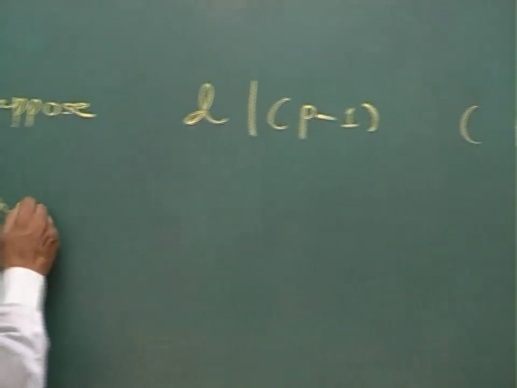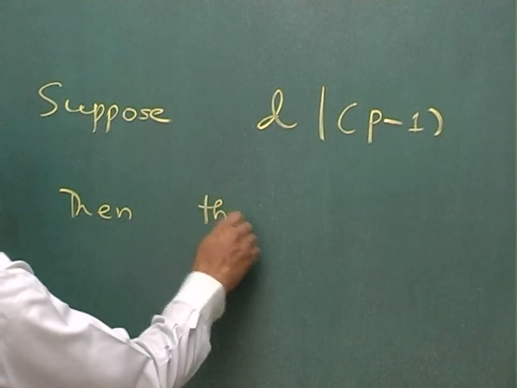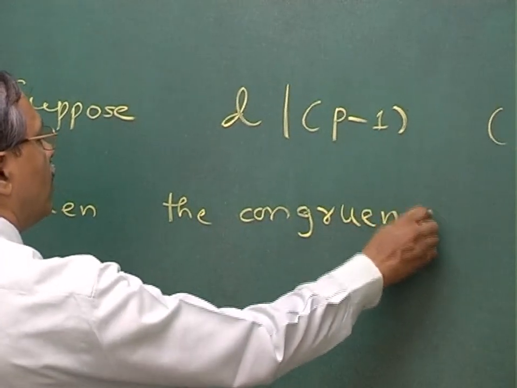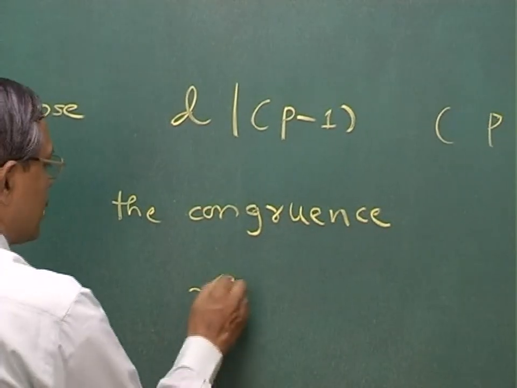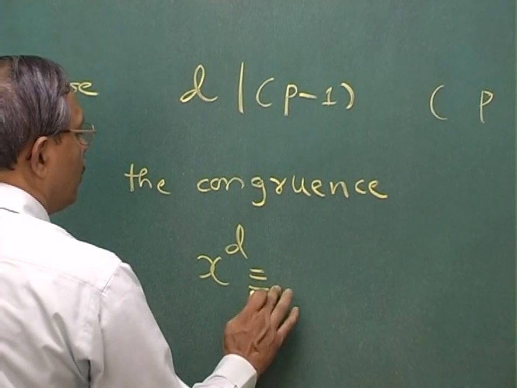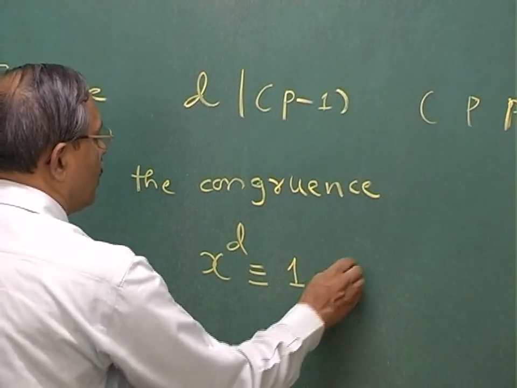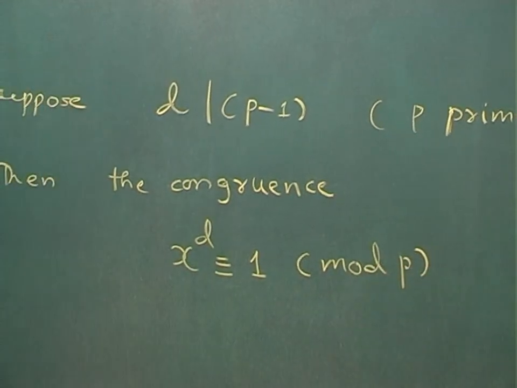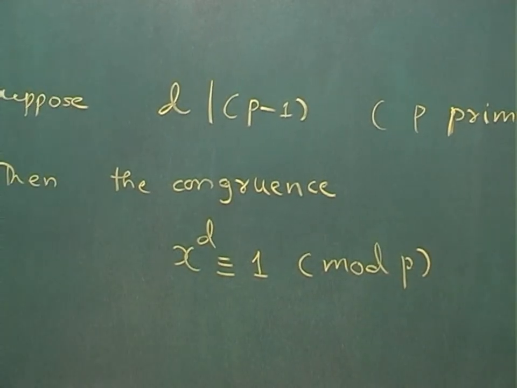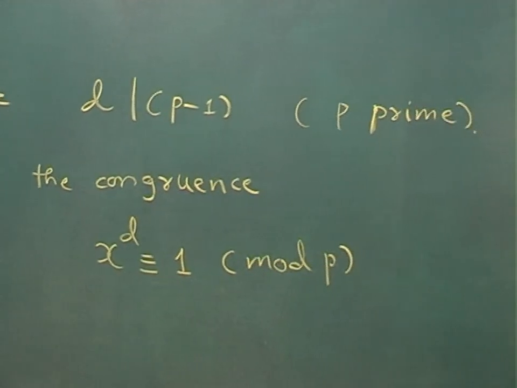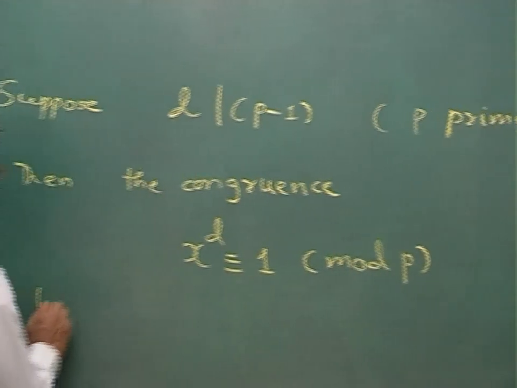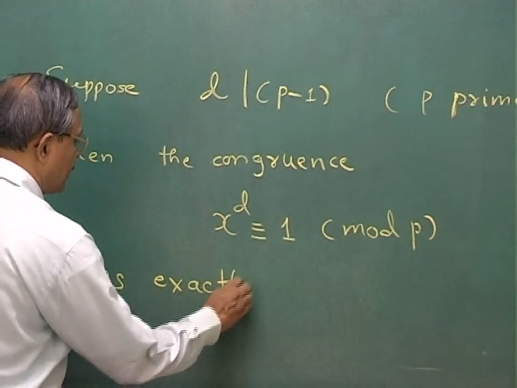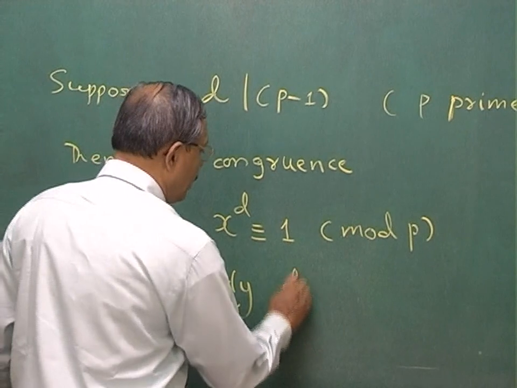Then the congruence x raised to d congruent to 1 mod p, that is x raised to d minus 1 congruent to 0 mod p, has exactly d solutions.